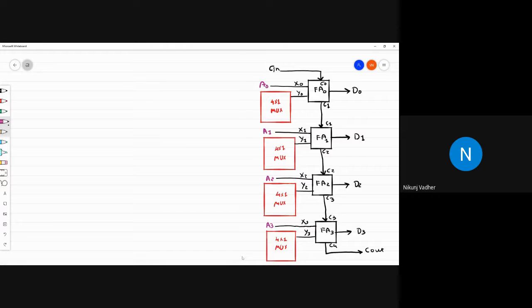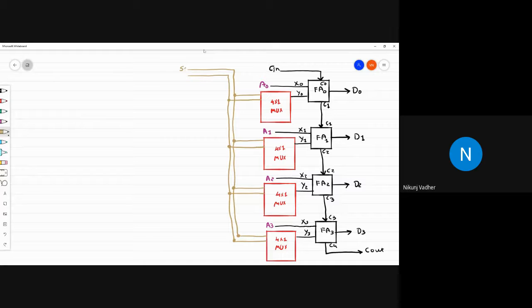Now these both are the selection inputs, S1 and S0.